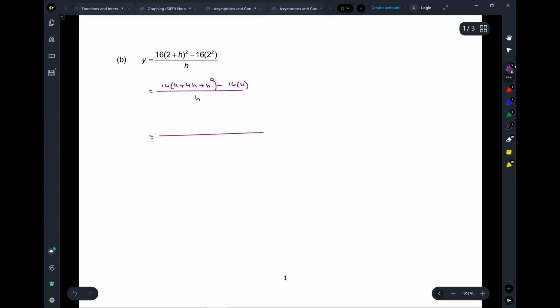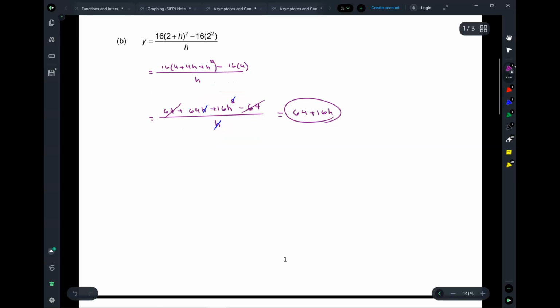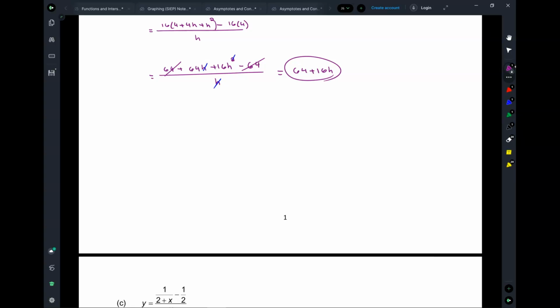So this is going to be 64 plus 64h plus 16h squared minus 64, all over h. The 64's go away, and an h cancels. 64 plus 16h.